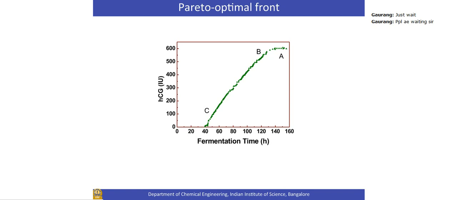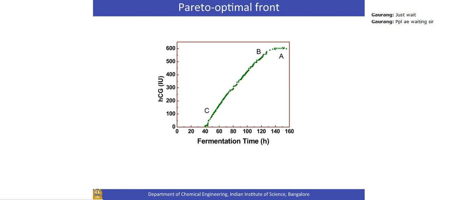And as we go on increasing the operating time, the corresponding amount of protein obtained is more. But further, it also tells us that beyond the critical operating time of about 120 hours, no matter what you do, you can operate your reactor at 140, 160, you are not going to get more protein.